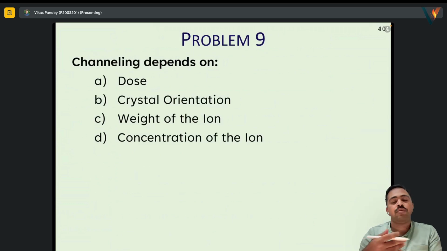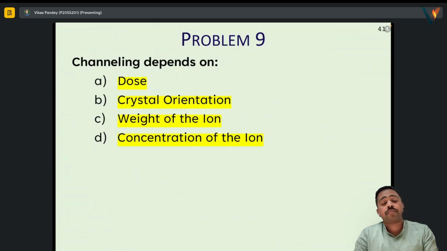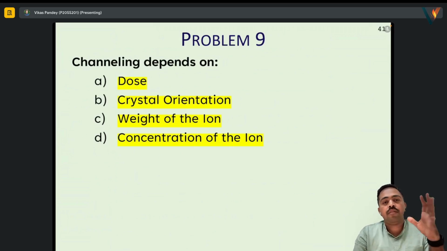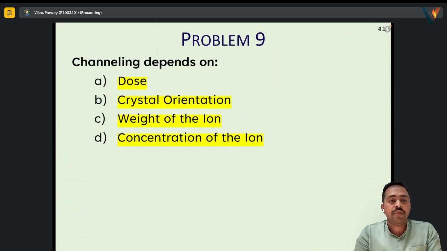As we have discussed in the previous question, channeling will depend on all of these. Dose as well as crystal orientation is the primary thing that determines the channeling. The dose will also determine it. Weight of the ion will have an effect on channeling, and the concentration of the ion.